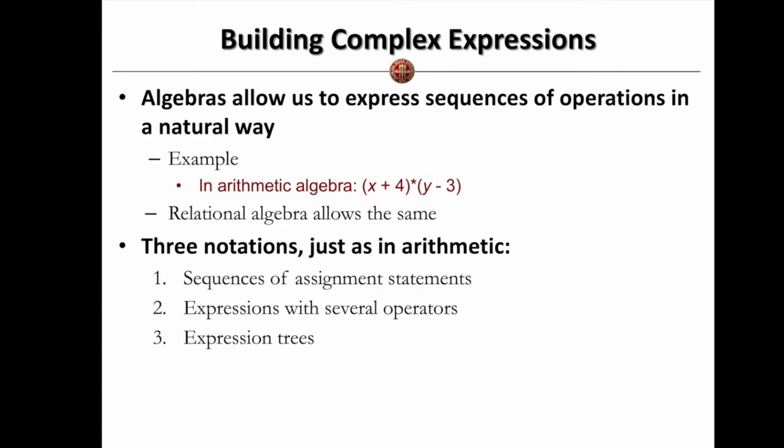We can also represent this same expression by using a sequence of assignment statements, or we can write it in a similar way as an expression with several operators in the same expression. Or we can use a tree to represent the same expression. I think you have learned this in discrete mathematics.